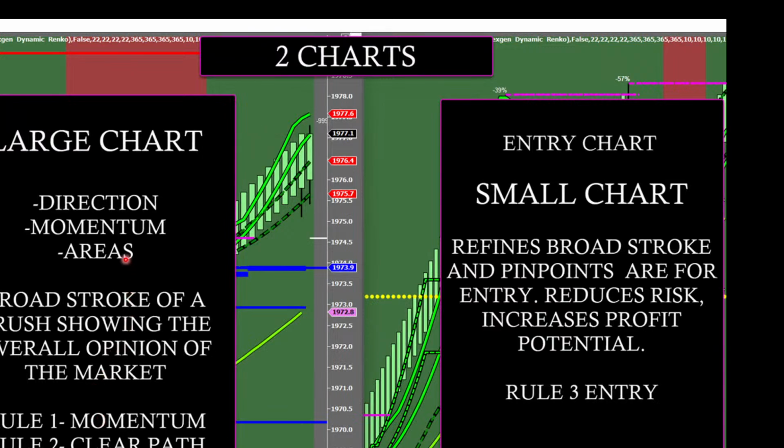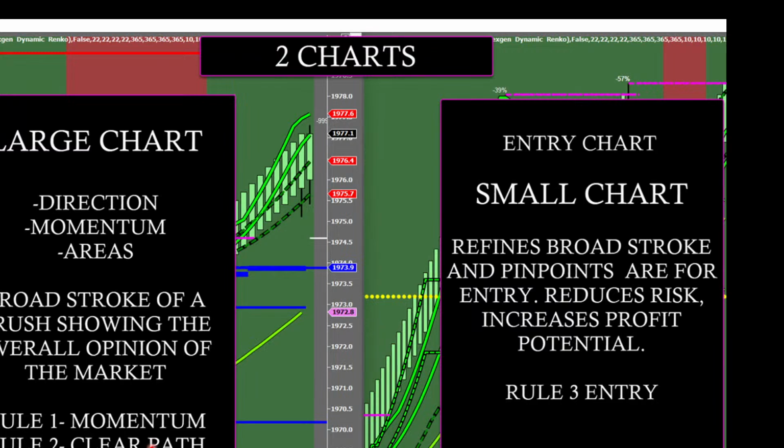And the large chart will define the areas that may be problematic, that could be targets. And all of this happens on the most current bar. It takes 1 bar to define direction, momentum, and areas. Your first 2 rules, providing those first 2 advantages, are met on the large chart. The large chart leads the way.